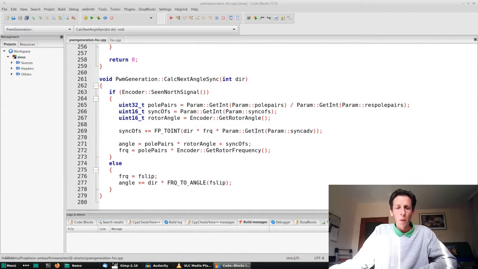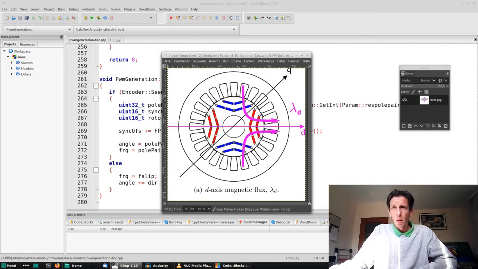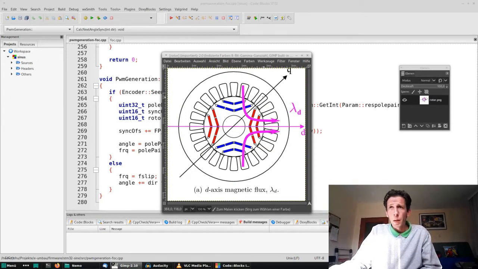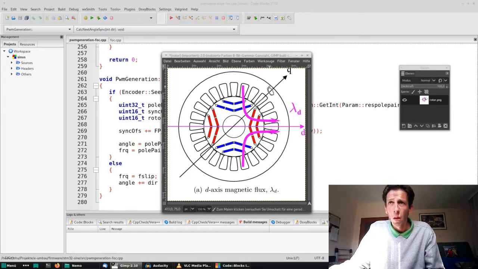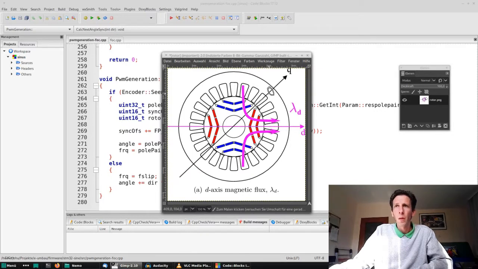Okay, synchronous offset. Let's see if this picture could be helpful. Ideally, the resolver would, why is this gray? Oh, so we can see it. The resolver would report a 90-degree angle when the rotor is at this position. But in practice it will not.